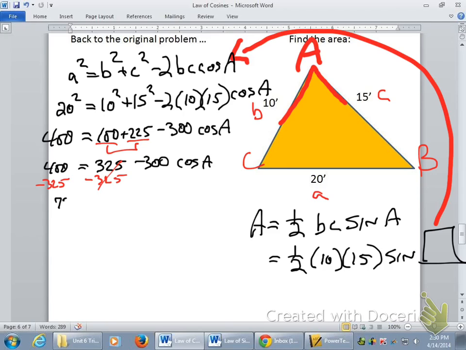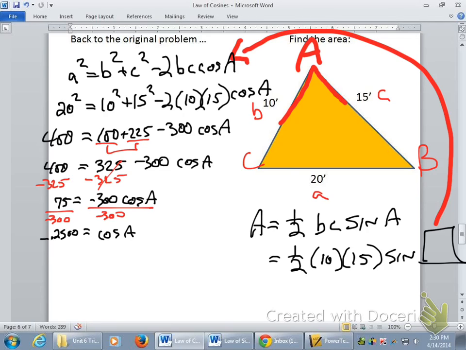That gives me 75 equals negative 300 cosine A. And when you divide, you get that the cosine of A equals negative 0.2500.